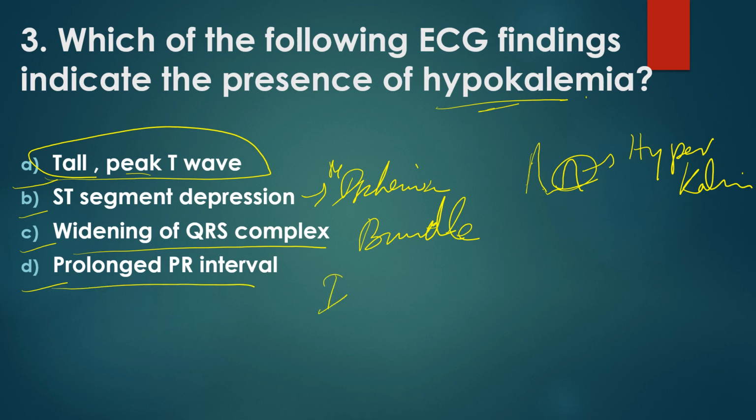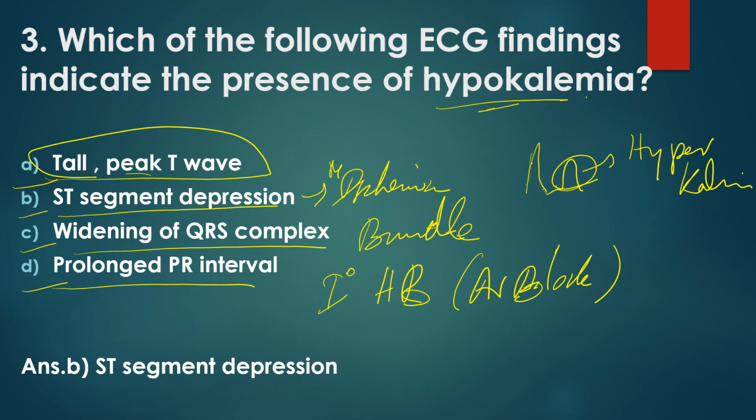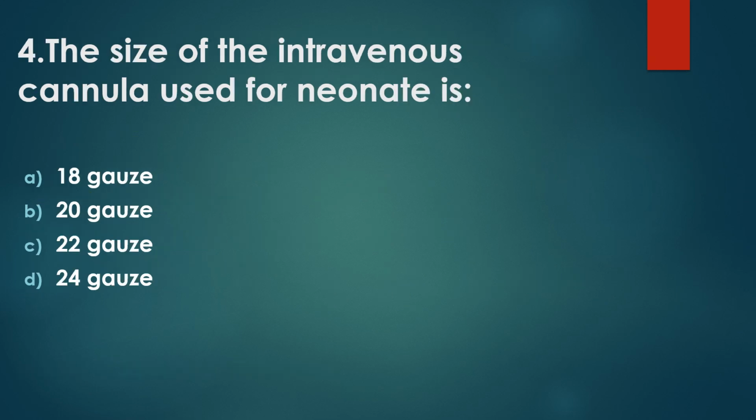This you can see in first degree heart block, or AV block, atrioventricular block. So what is the answer? It's nothing but the ST segment depression. If the patient is having hypokalemia, you can see the ST segment depression.